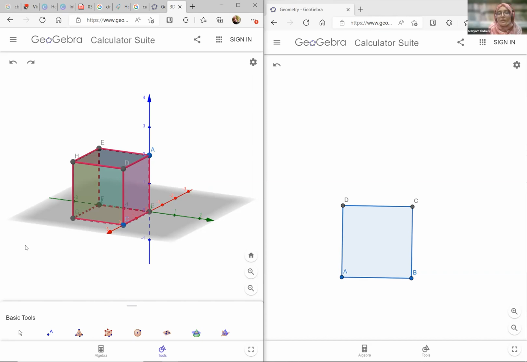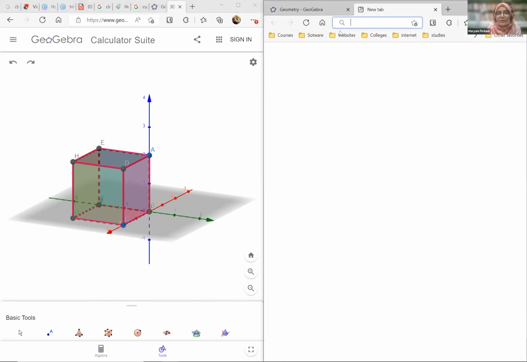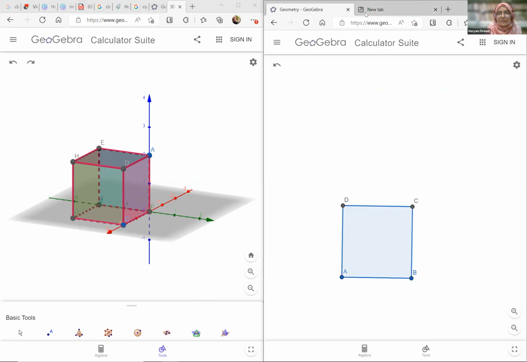But what term do you use for this? Have you ever seen this shape in your real life? Yes, it's called a cube.